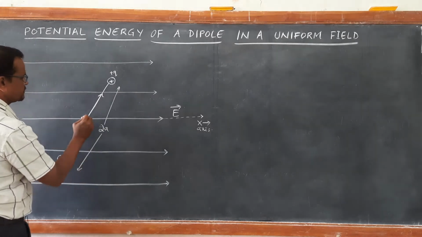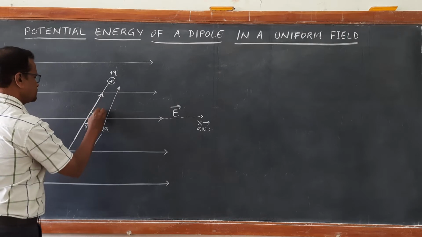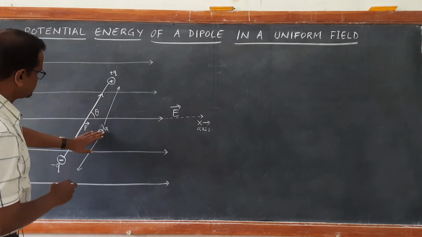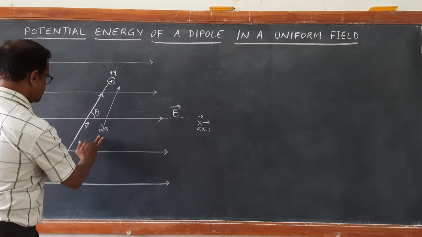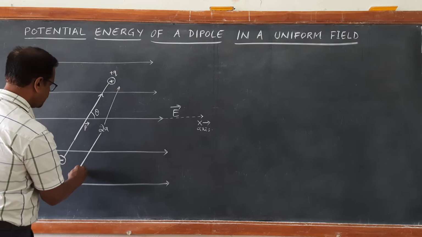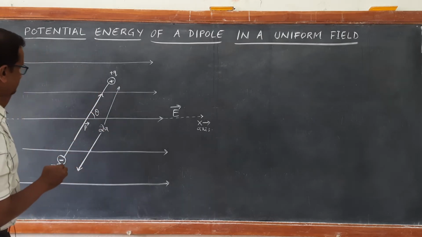This dipole is placed with certain angle of orientation theta with respect to the electric field. 2a is the length of the dipole, as we have seen earlier, from minus q charge to plus q charge, right?